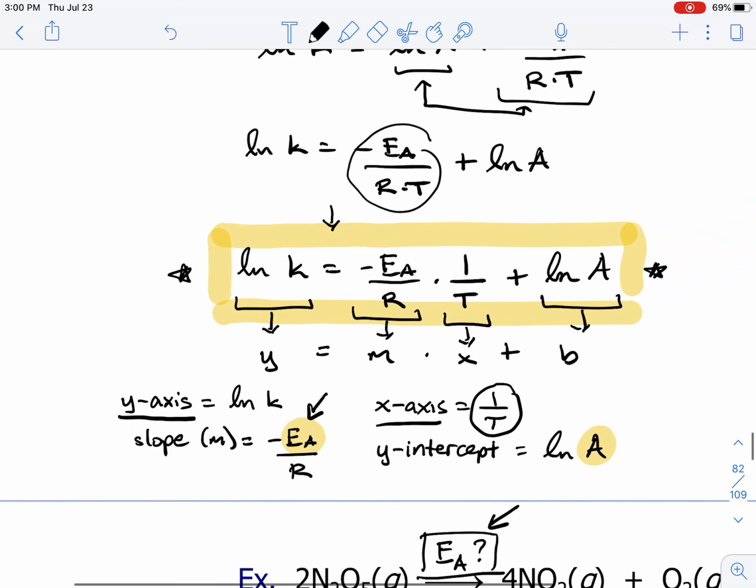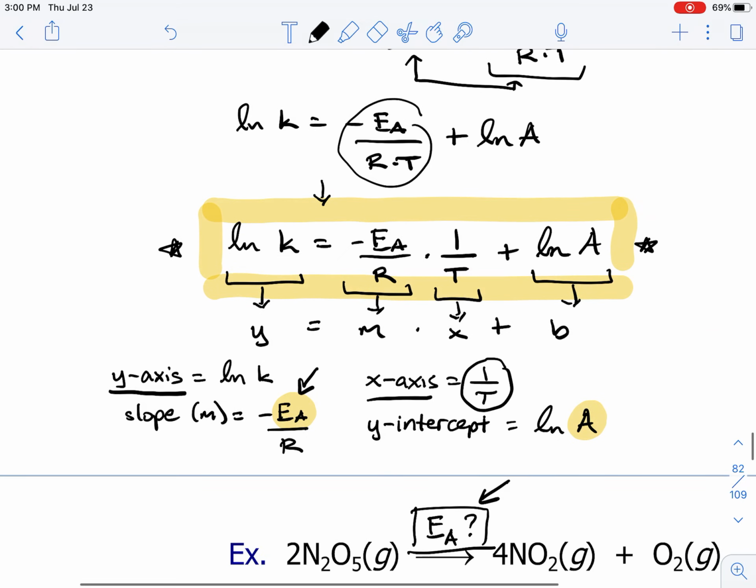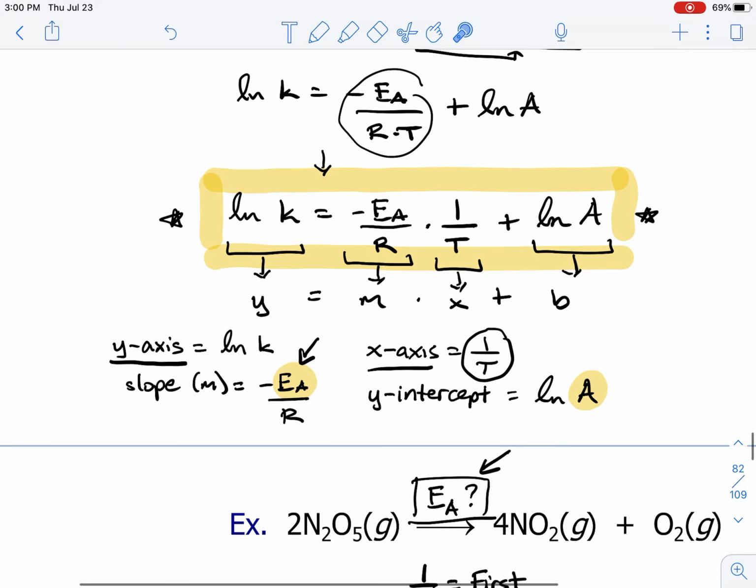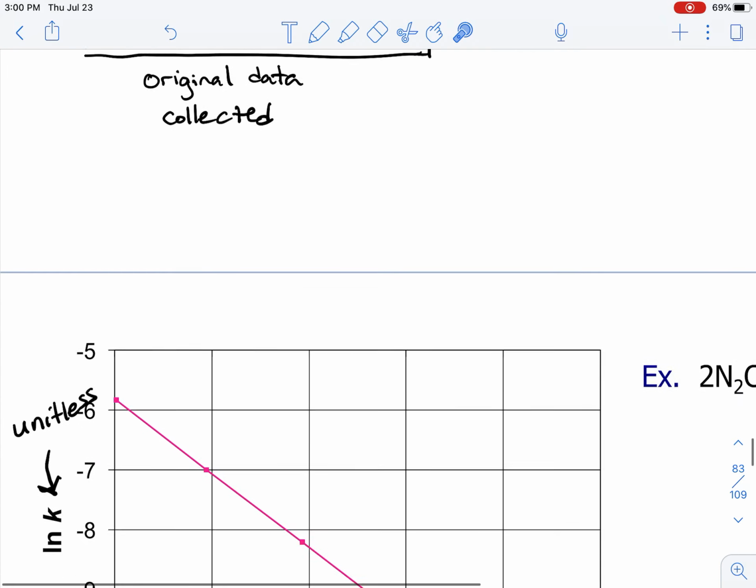Well, looking back at the straight line plot form of the Arrhenius equation, notice that the slope is equal to negative EA over R. So if we can somehow calculate the slope of the line, and since we already know R, since it's a constant, then we should be able to figure out the activation energy. Okay.